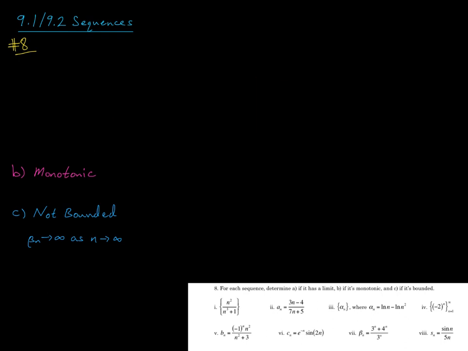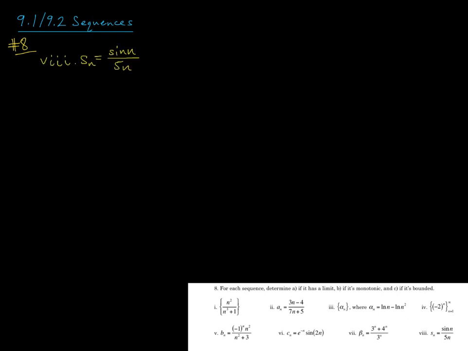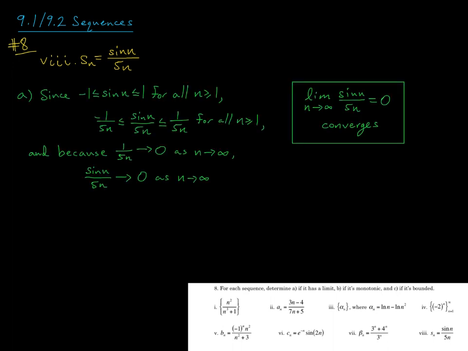Okay, so now for the very last one, this is part 8. S sub n is equal to the sine of n all over 5n. Does this thing have a limit? Yes, it does. Let's check out why. This is another squeeze theorem argument. The sine of n is between -1 and 1 for all n greater than or equal to 1.